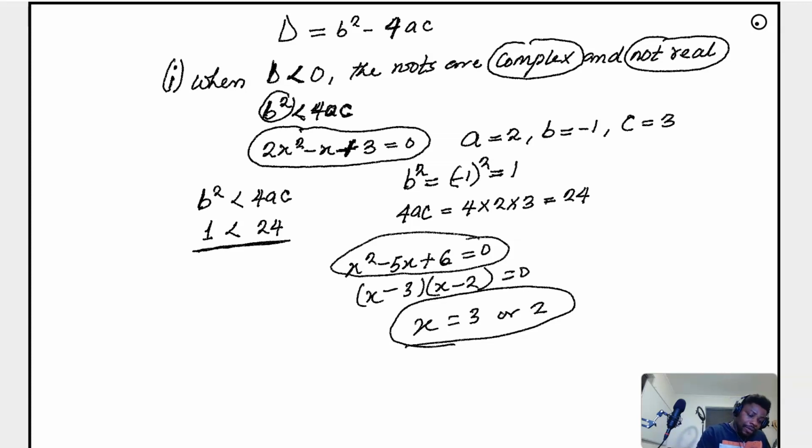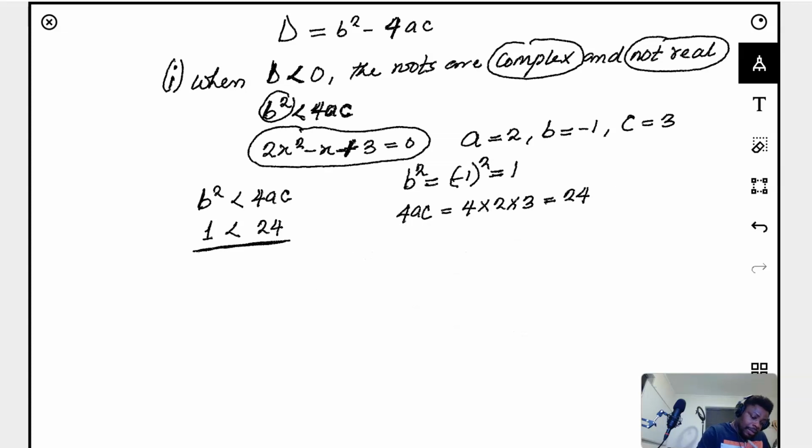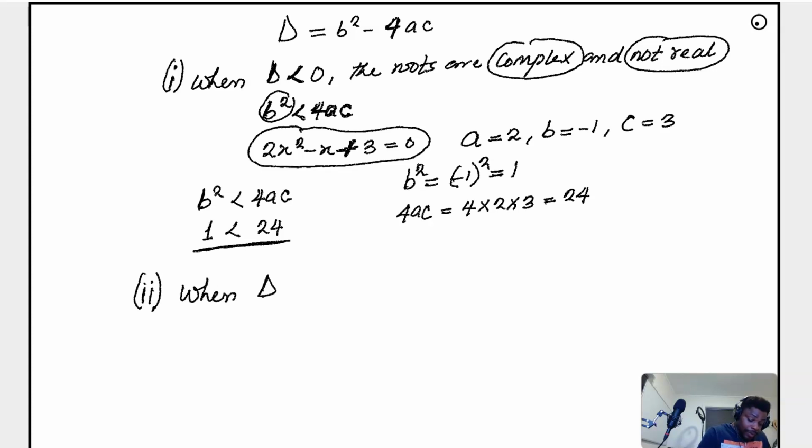So now I will quickly explain the second one. When d is greater than 0, the roots are real and different.